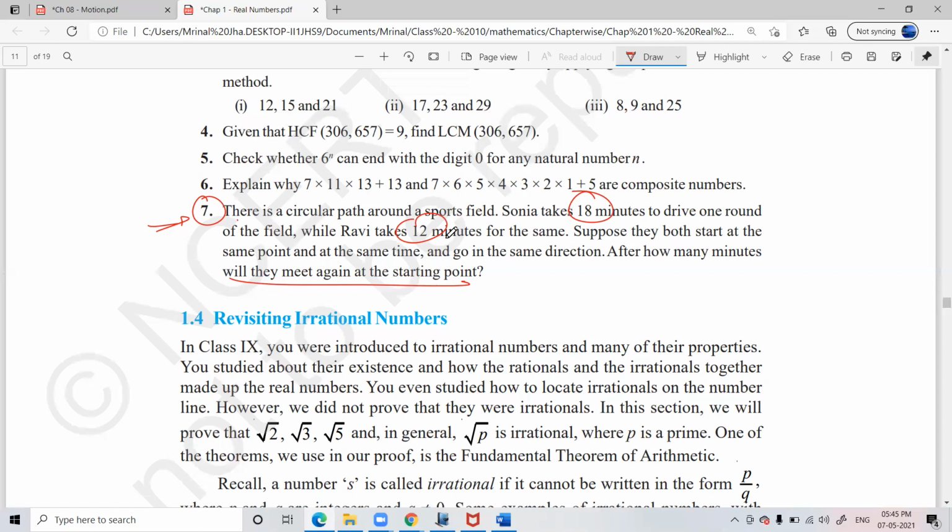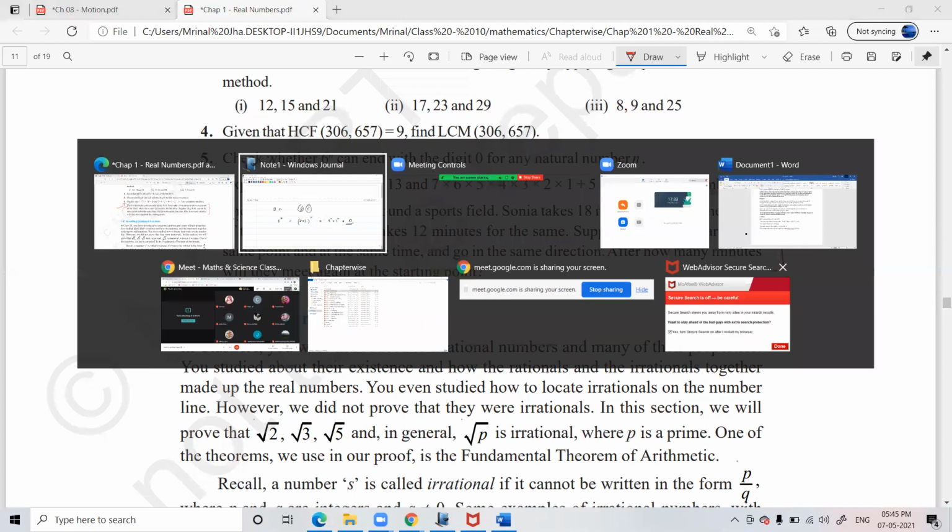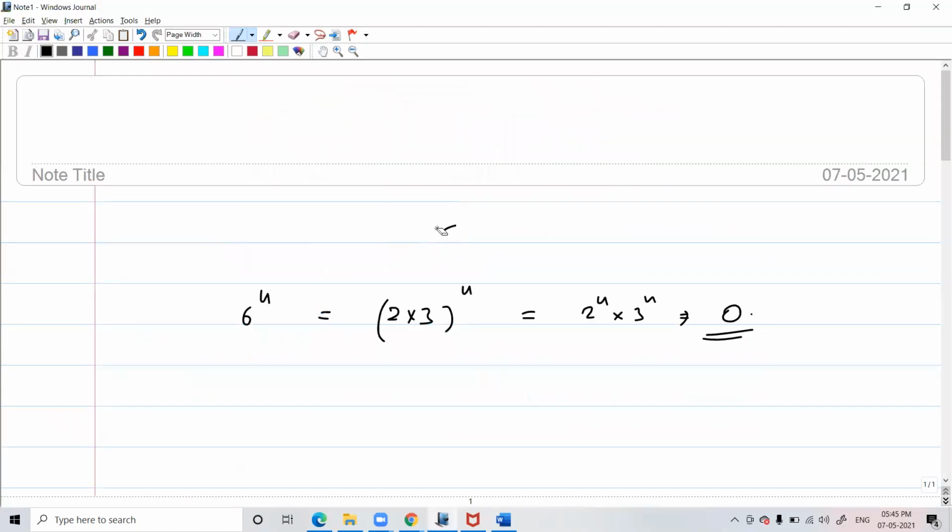What, guys? Do you understand? Is it LCM or HCF? What do we have to do here? HCF, sir. Okay, let's do the HCF. Sir, LCM only, sir. Yes.